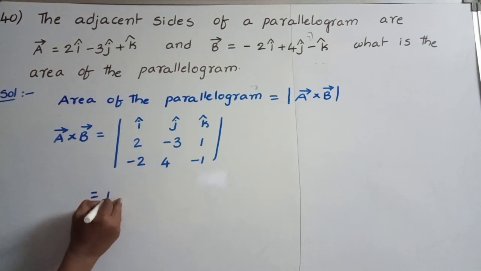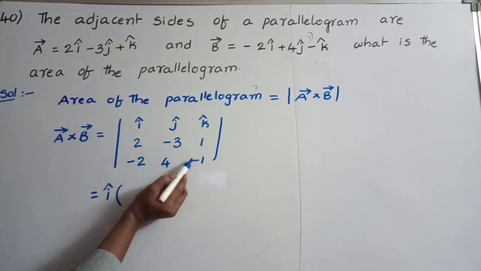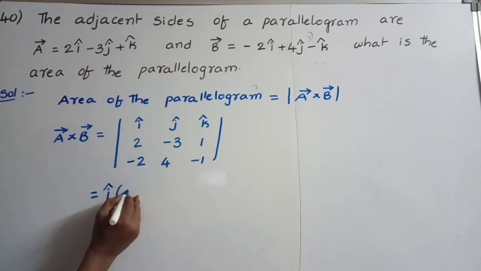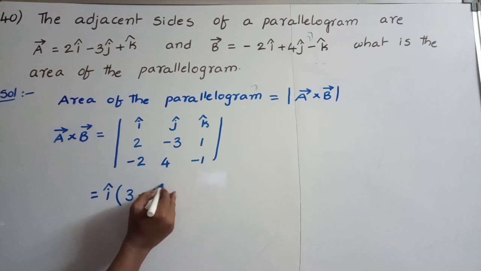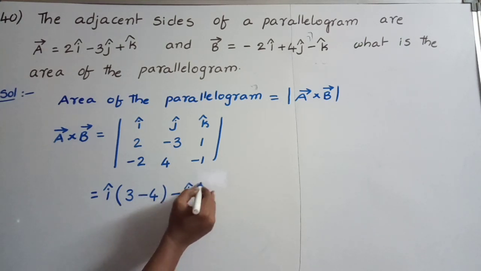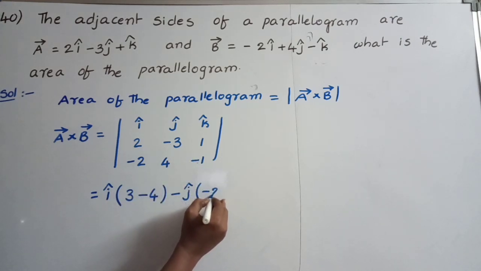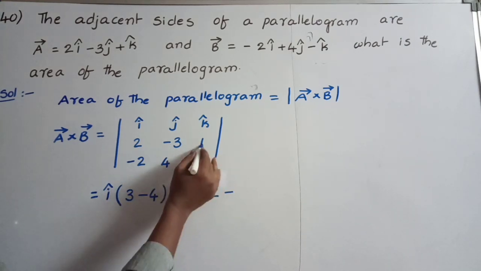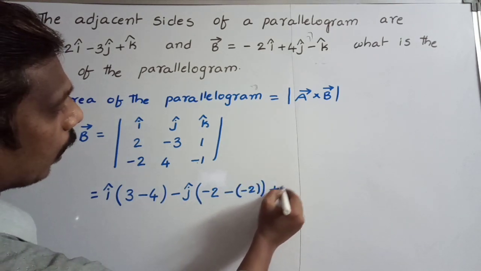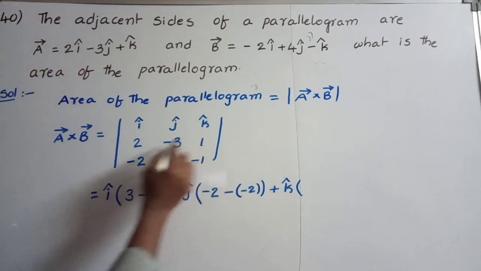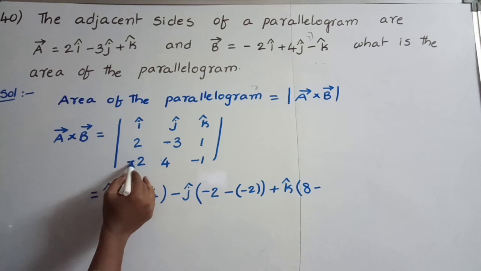From this we can write i cap into, multiply these two, minus into minus plus, 3 ones are 3, minus 1 into 4, 4 minus j cap into 2 into minus 1, minus 2, minus 1 into minus 2, minus 2 we can get, plus k cap into 2 4s are 8, minus into minus plus 3 2s are 6.